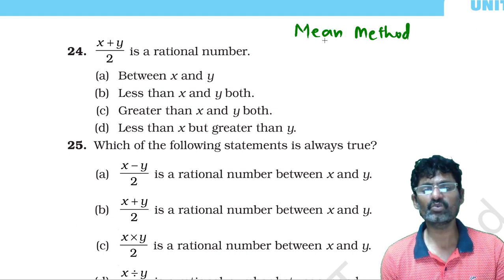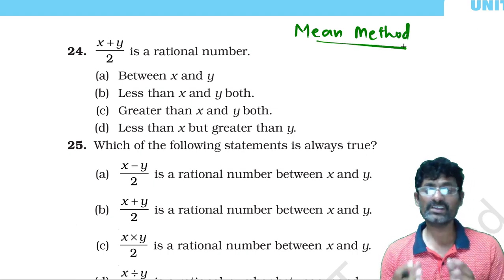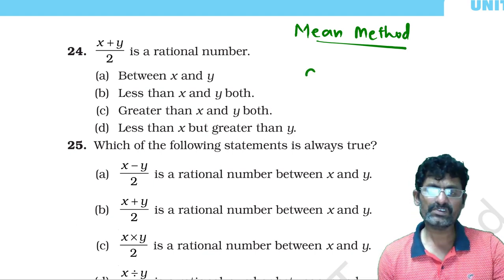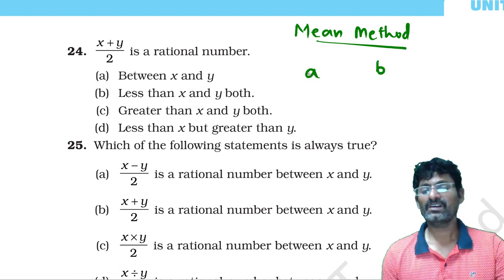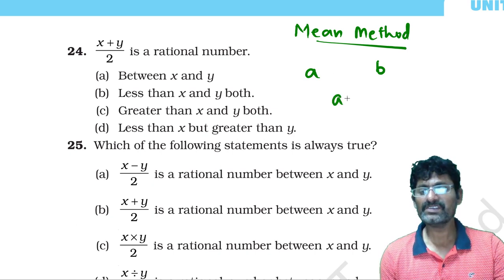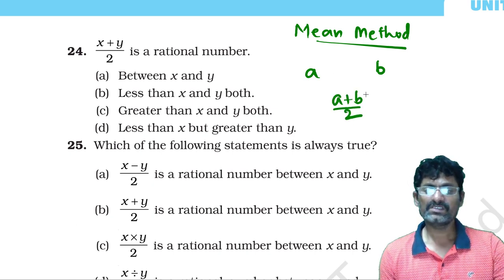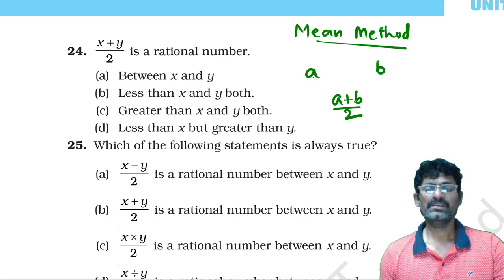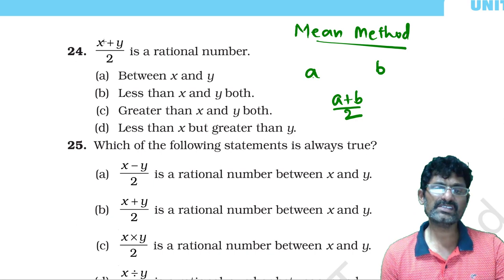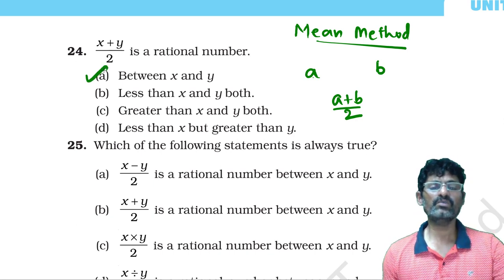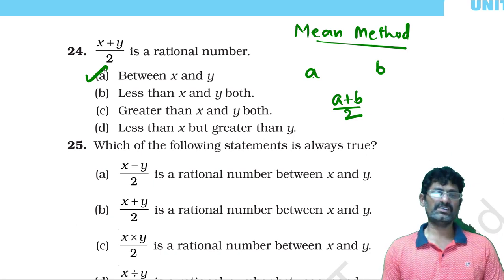This method is used to find out a rational number between two rational numbers. Suppose if you take A and B are two rational numbers, then according to mean method, A plus B all over 2 is the rational number which is in between A and B. So we can say that x plus y all over 2 is a rational number between x and y. So that is the correct answer.